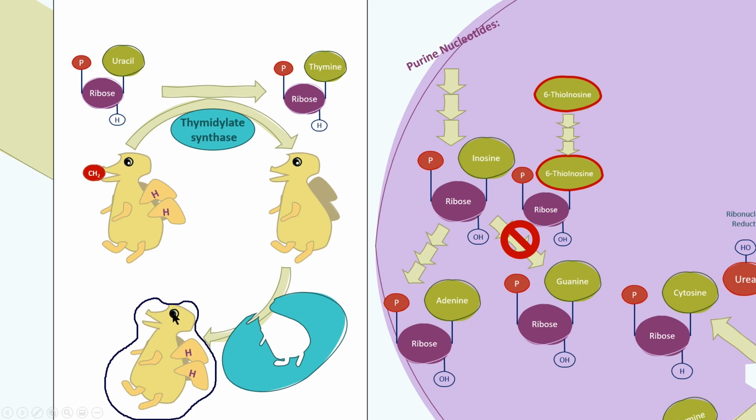Now this active flying animal will fly towards either serine, methionine or choline, and fetch the methylene group, and now it can again donate this methylene group and two of its wings to another uracil monophosphate molecule in order to convert it into thiamine monophosphate.